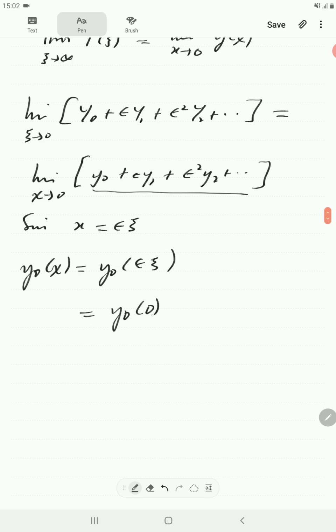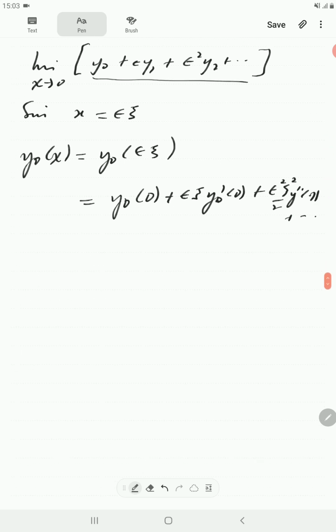It's going to be y0 at 0 plus epsilon xi y0 prime at 0 plus epsilon squared xi squared over 2 y0 double prime at 0, etc. Okay, so that's going to be y0, and then same thing with y1 of x, which is y1 of epsilon xi.